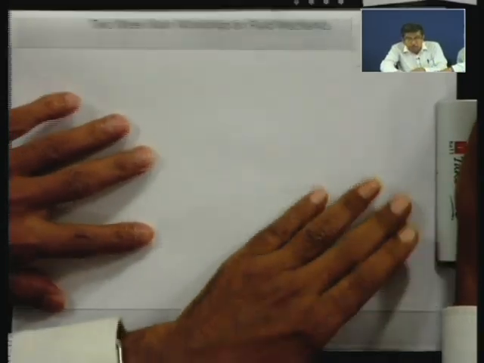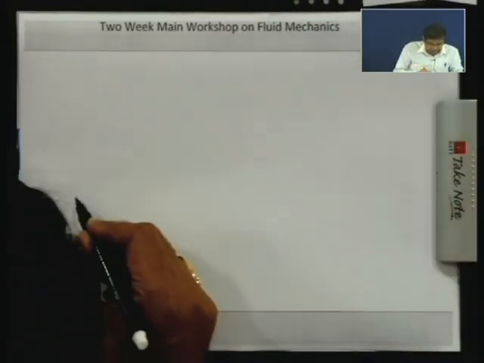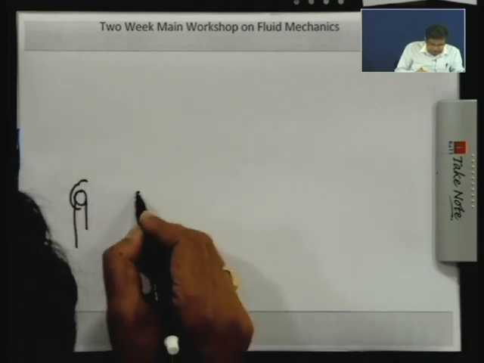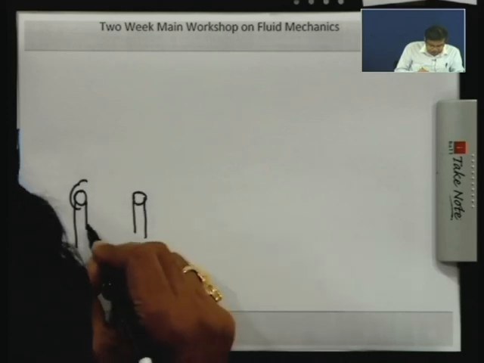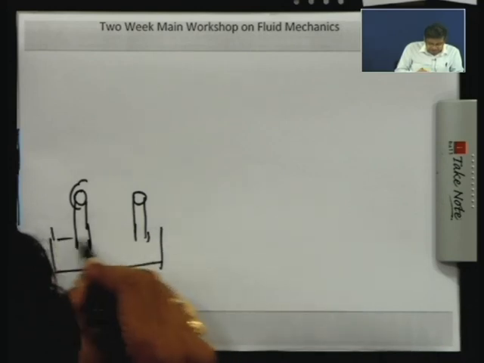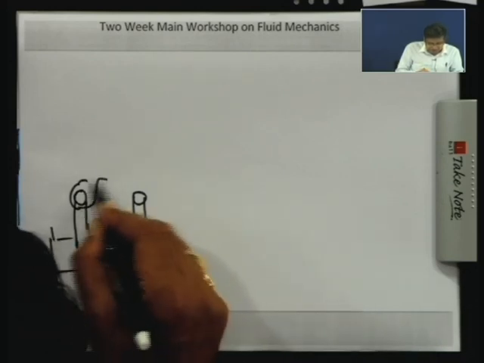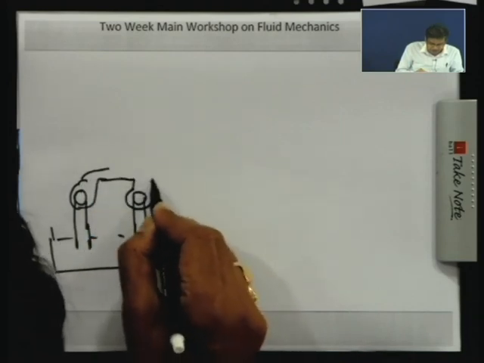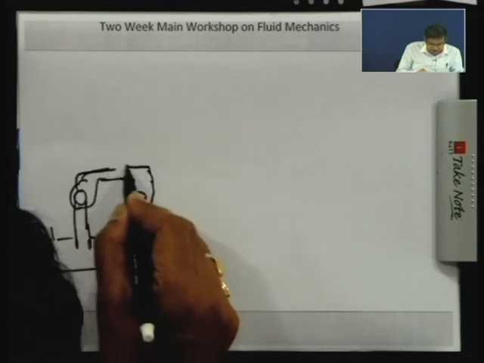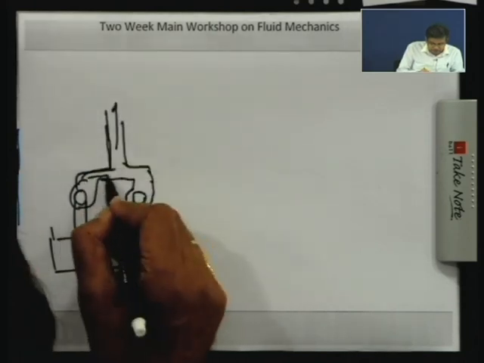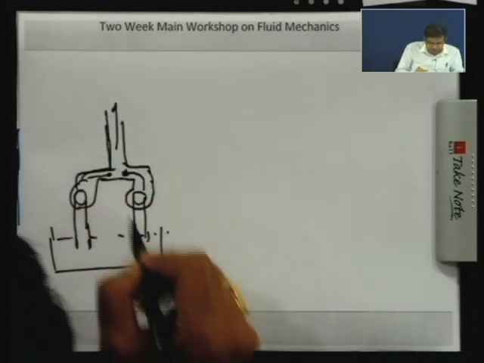Similarly, if there are pumps in parallel, what happens? Pumps in parallel means they are like this, two pumps in parallel. Both pumps' inlet lines are connected to the sump, but their delivery lines are joined.